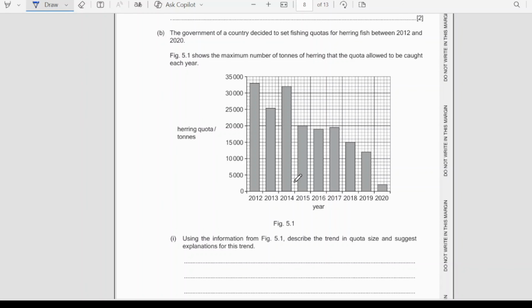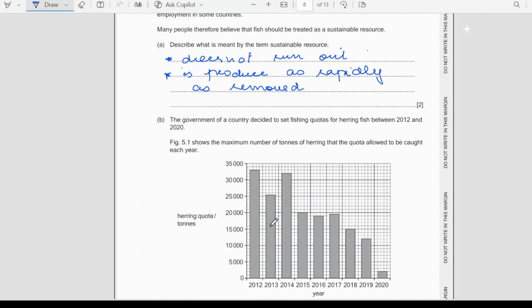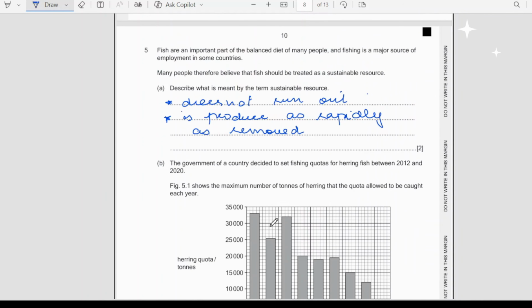Okay, the government of the country decided to set fishing quota. So we have different fishing quotas. What can they be? Because they asked us about the quotas. What are different fishing quotas? It's an important question, by the way. It has been repeated many times. So it would be seasonal, right?